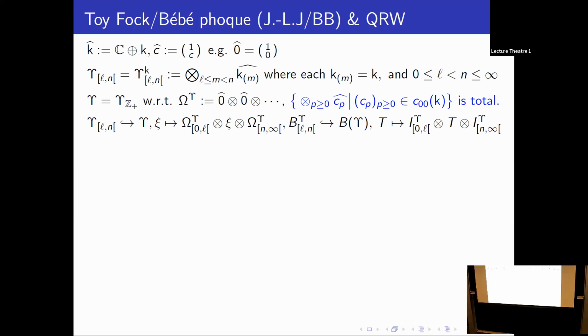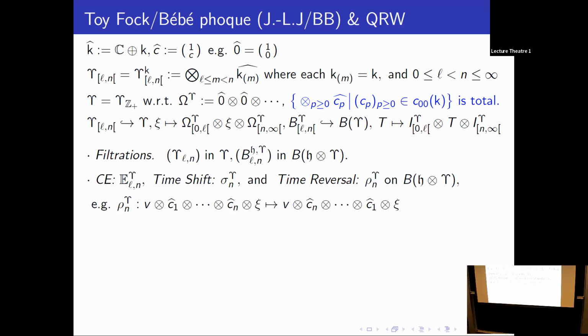So we have echoes of all the structure I described in continuous time in discrete time. Filtrations, embeddings, and so on. We also have conditional expectation in this setting. Especially the toy vacuum, right? Time shift, time reversal. The structure is there at the discrete level.